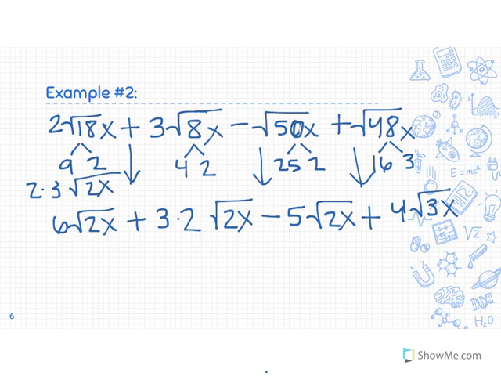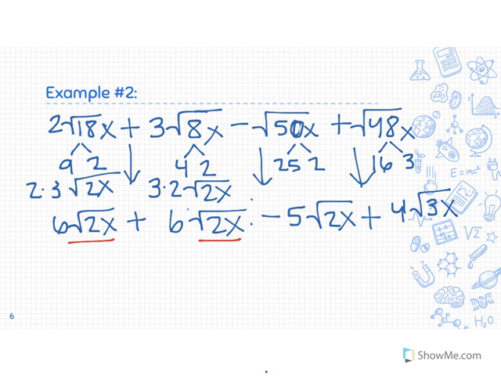Okay, so I've gone through and simplified everything, multiplied by my coefficients on those first 2 terms. I just need to actually simplify this, so I'm going to write this up here. So I have my 3 times 2 square root 2x, so then when I simplify this, now my value is 6 square root 2x. So now I'm going to go ahead and combine like terms. I'm going to work with my 2x's first, so I see I have positive 6 here, positive 6 there, minus 5.